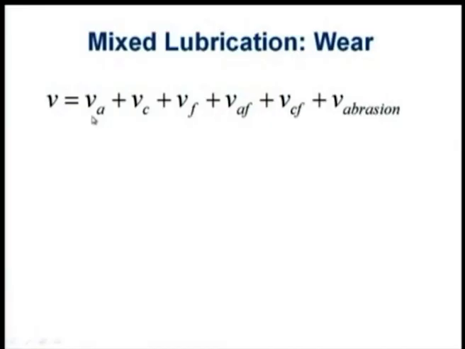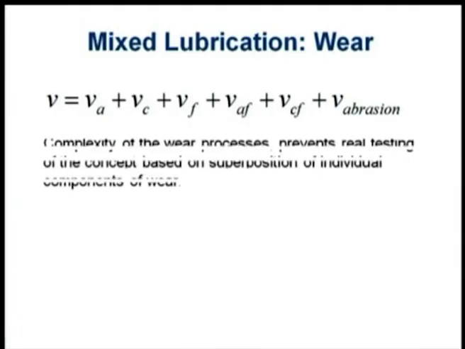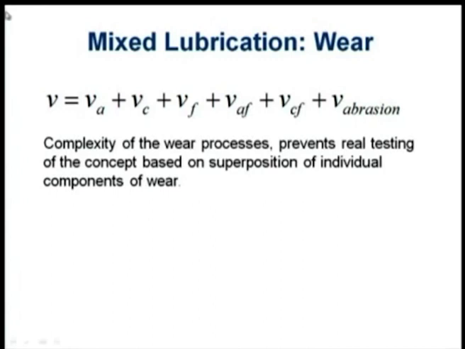Now the question comes, how many experiments will really be required to get all these parameters? A huge number of experiments are required to conclude that way. That is why it is not a very common approach. Of course, this is an ideal approach, but it is not common, the reason being the complexity of wear processes. Predicting the result with 100% accuracy from a wear experiment is still not possible, except at the nano level.